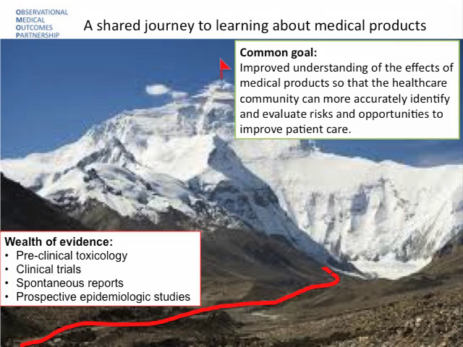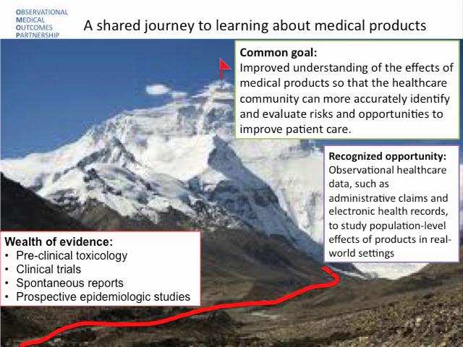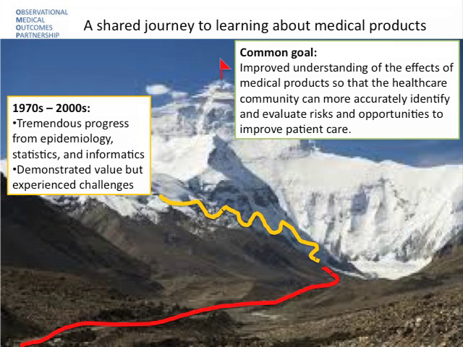But we also have, over the last couple of decades, a new opportunity that simply didn't exist long ago. The presence and availability, increasingly, of observational healthcare data, such as administrative claims and electronic health records data, that allow us to begin to study population-level effects of products in real-world settings, something we simply didn't have the opportunity to do, except in very narrow, selected environments until fairly recently.